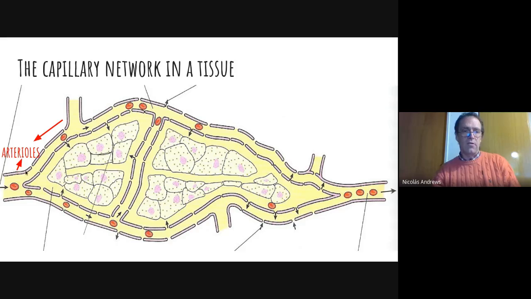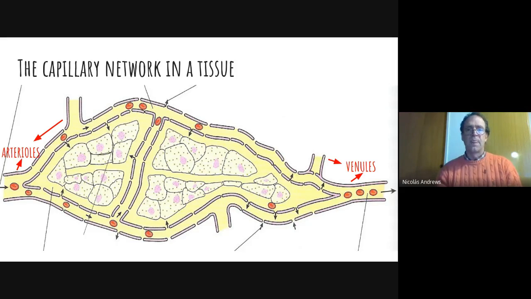But then arteries bring blood into the capillaries, right? Remember that the blood that they bring is at a high pressure, right? And the blood leaves the tissue through the venules. And so the blood circulates through the system, right, between the arteries and the veins, between the arterioles, more precisely, and the venules, right? Also, all these structures that you can see here are the capillaries.